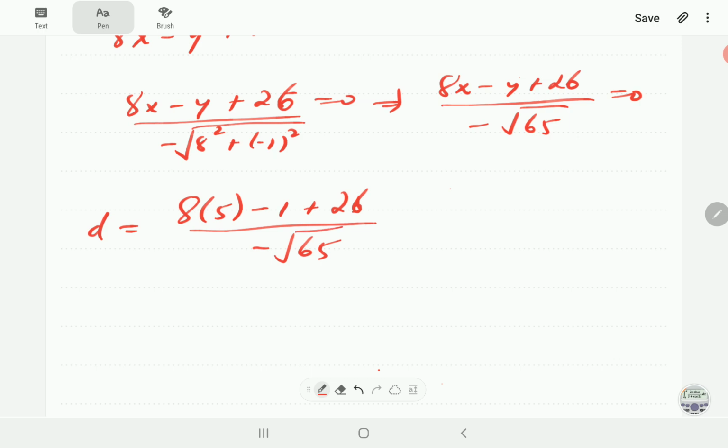Here we are not interested in the directed distance, we just want the undirected distance, so we can take the absolute value of this.